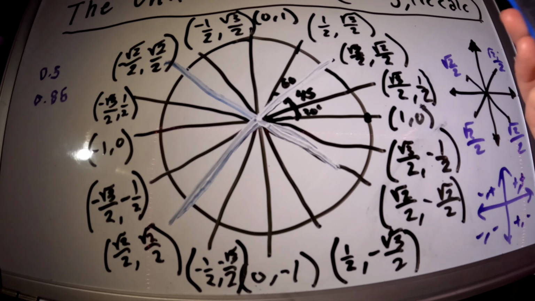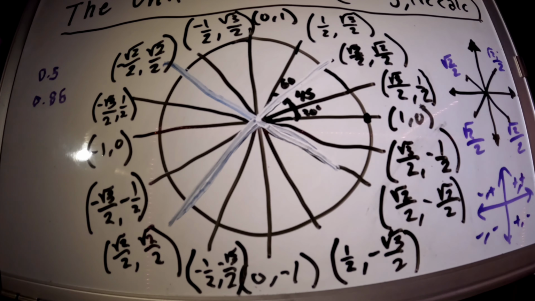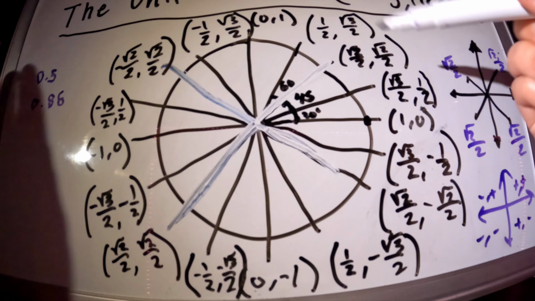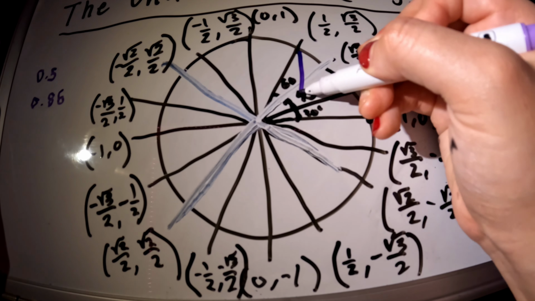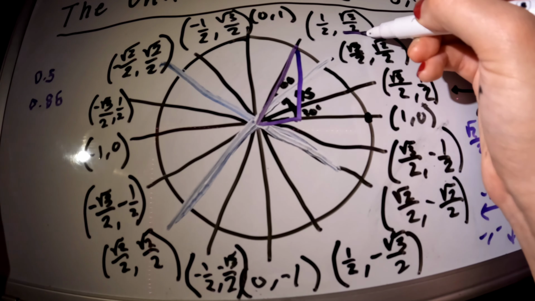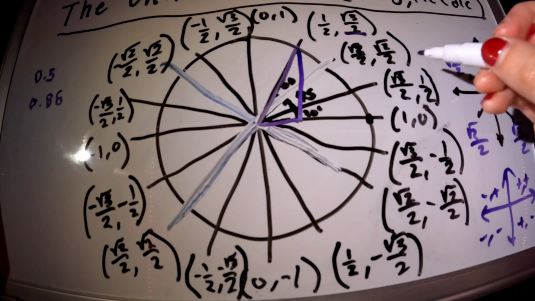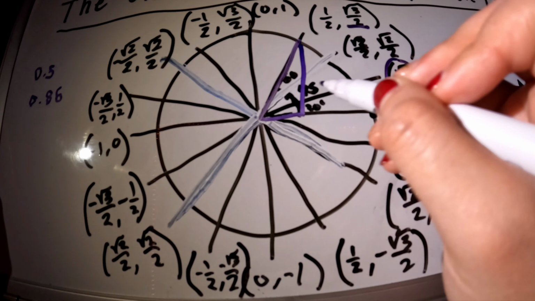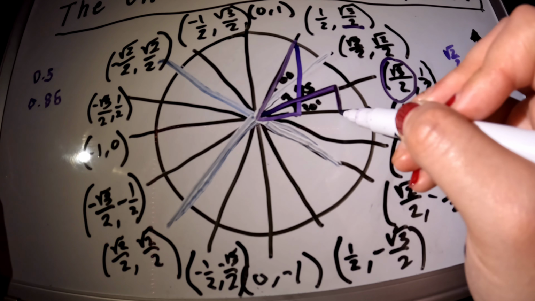So that's the way I think about it. The rad 3 over 2 is always the longer side. So in the 60-degree angle, this long side right here, that y value is the rad 3 over 2. And then in here, the shorter one, the x value is the rad 3 over 2. Thinking about it that way.